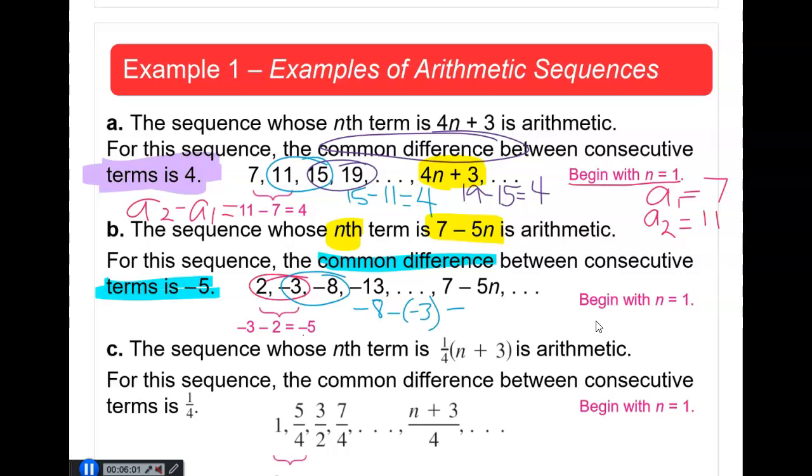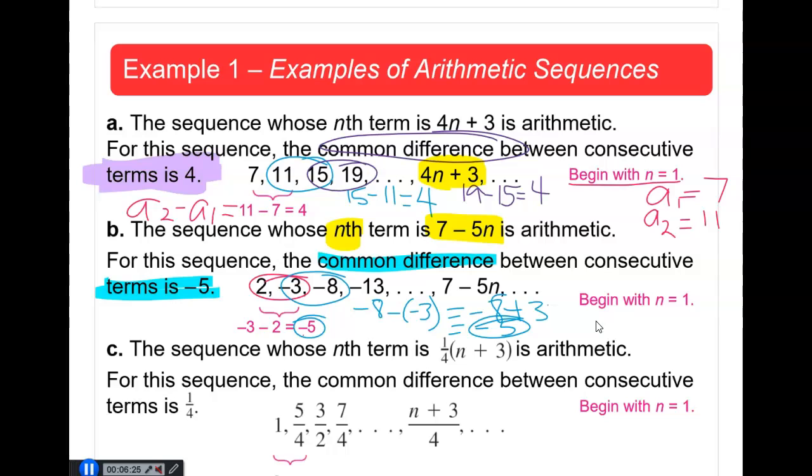Of course, we have to be careful with those negative numbers. So this is going to be negative 8 plus 3, which equals negative 5. So far it's the same as this one. We're not going to check the next one, but if you were to subtract negative 13 minus negative 8, you would also get the same.